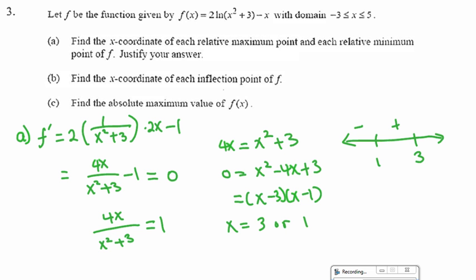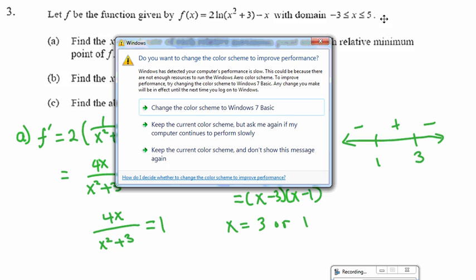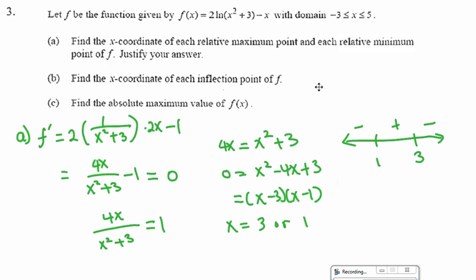So therefore this portion becomes negative. Here, negative to positive, that means we're going to get a relative minimum, and here we get a relative maximum.